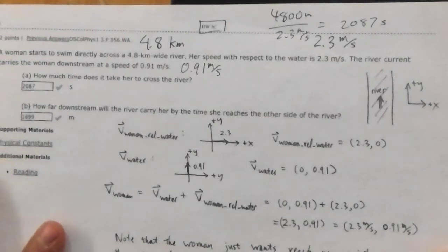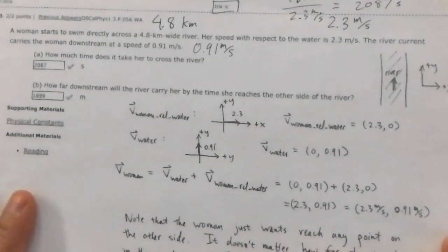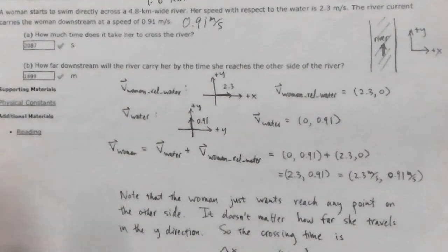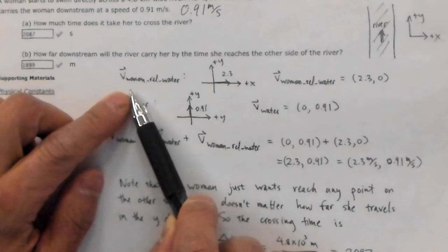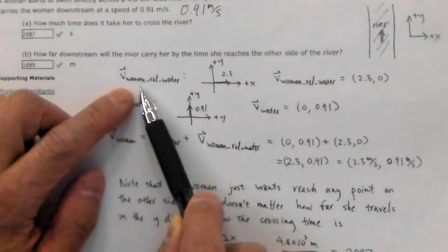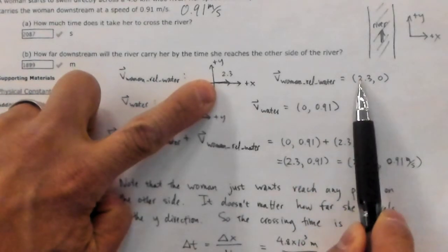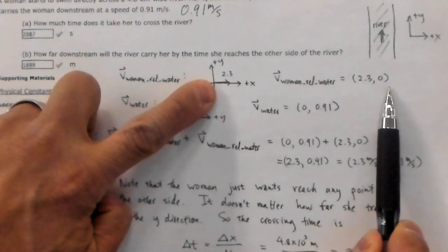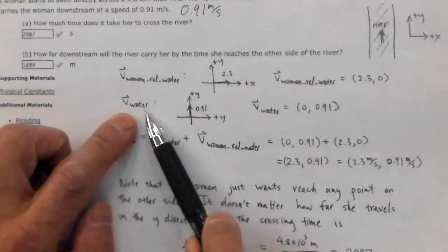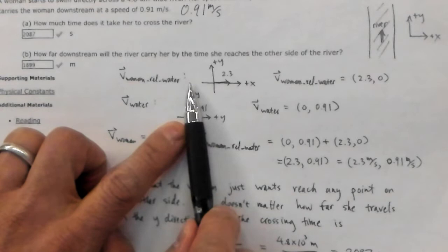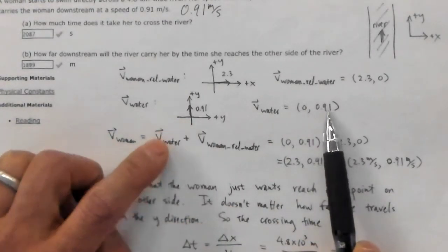Now, for those of you who are thinking, oh, that's too slick, I could never figure that out, let's just do it step by step and work it through. What we're told is the velocity of the woman relative to the water, which is 2.3 in the x direction, so (2.3, 0). The velocity of the water is 0.91 in the plus y direction, so (0, 0.91).